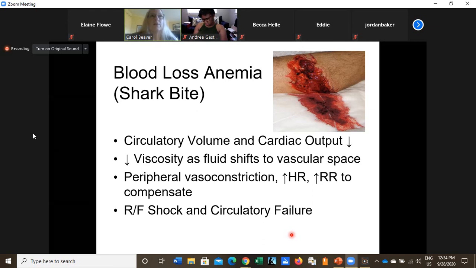So the fluids that are in the tissues try to join forces and move some of their fluid into the blood vessels, so it shifts from the tissues to the vascular space. And then there's peripheral vasoconstriction, increased heart rate, and increased respiratory rate to compensate. And then there can be risk for shock and circulatory failure.